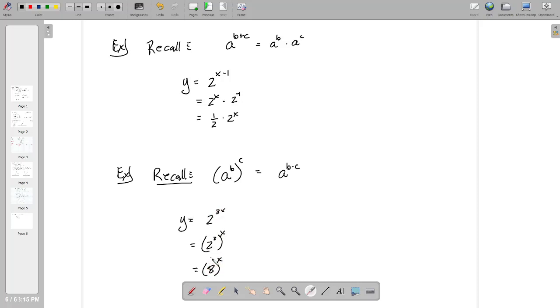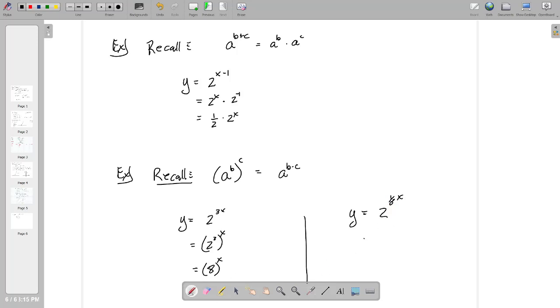Now, if this was, say, 1/3 instead, y equals 2 to the 1/3 x. Now, this is a horizontal stretch. It would stretch the graph 2 to the x horizontally.